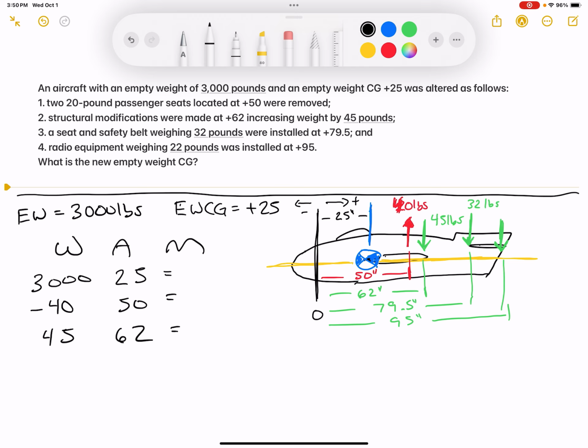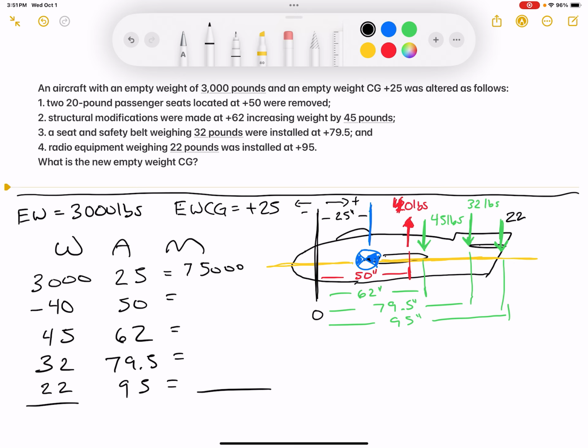So we added more weight, and it was 32 pounds at 79.5. And finally, we have 22 pounds installed at 95. So adding 22 more pounds at fuselage station 95. So what we need to do is go ahead and multiply our weight times our arm and get all of our moments. So we can do that.